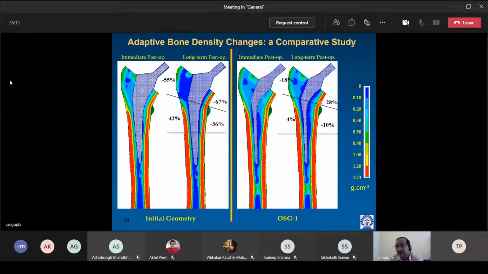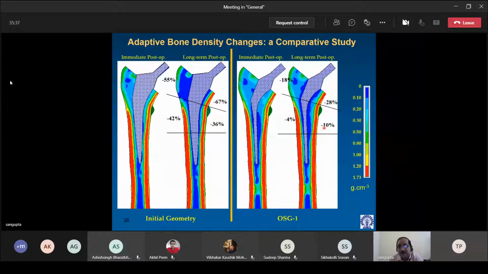Now see the distribution for the first design, OSG1. The 55% has reduced to minus 18%. From 67%, minus 28%. Minus 42% bone resorption to 4% bone resorption.